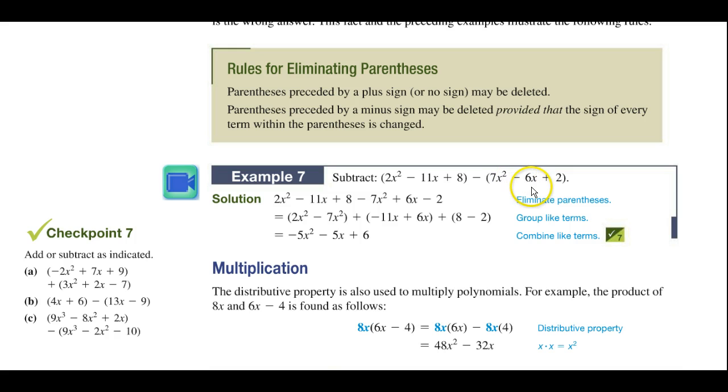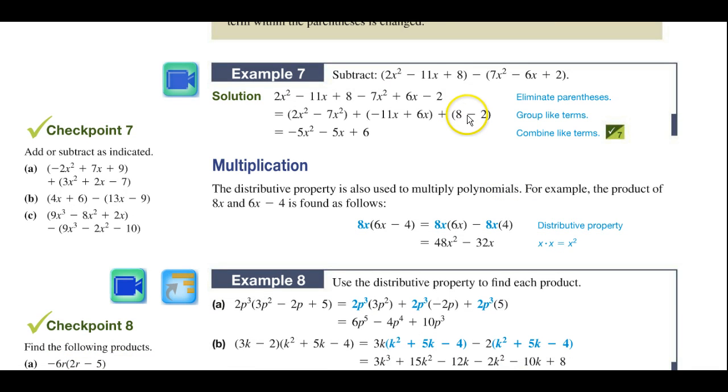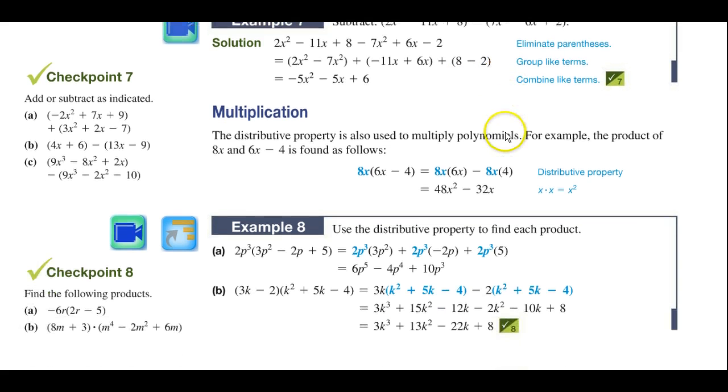This is negative, it will become positive. This was positive, it would become negative. Now you don't have parentheses anymore, you just group like terms. So we have an example there in 7. And that's pretty straightforward. Again, change each of the signs, group like terms, and add them.